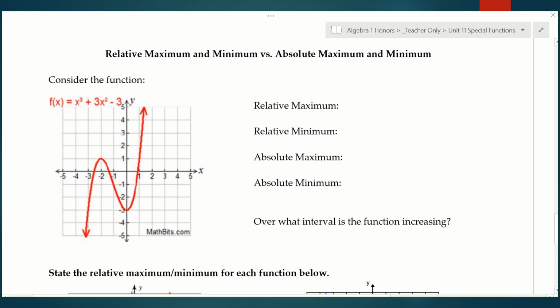So I think with cubic functions this will be very clear because they always take on the same shape, and so you'll be able to see where those relative max and mins end up.